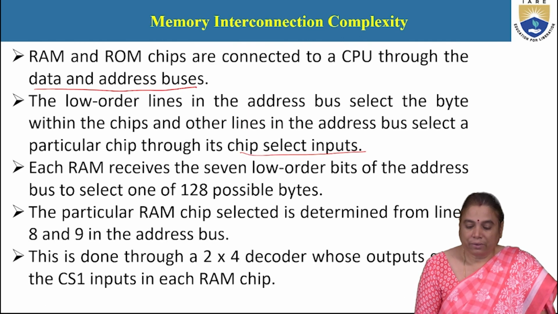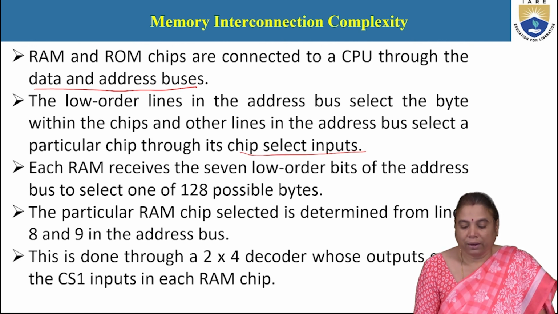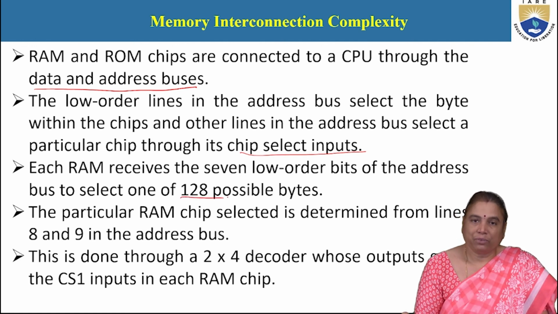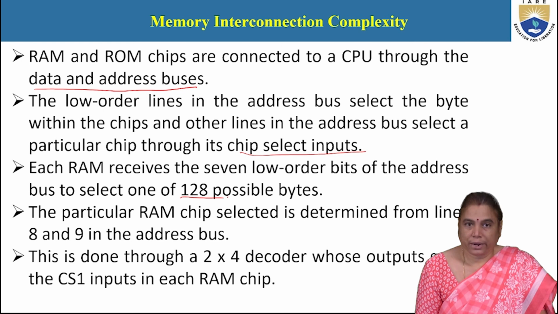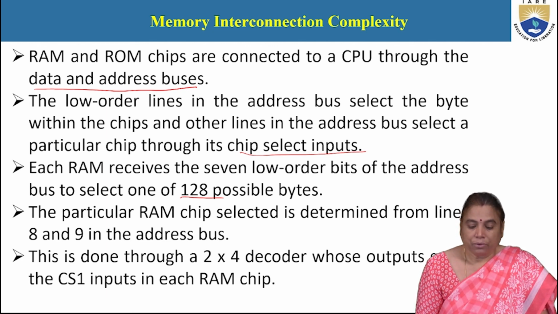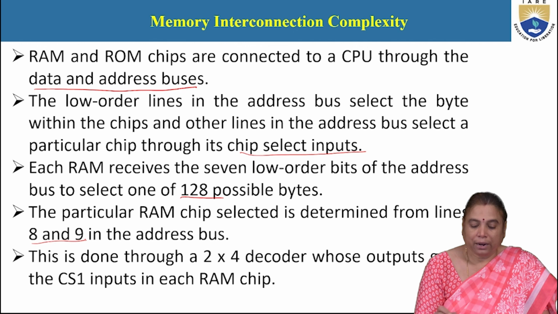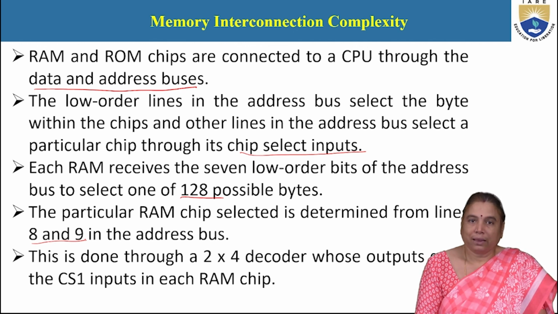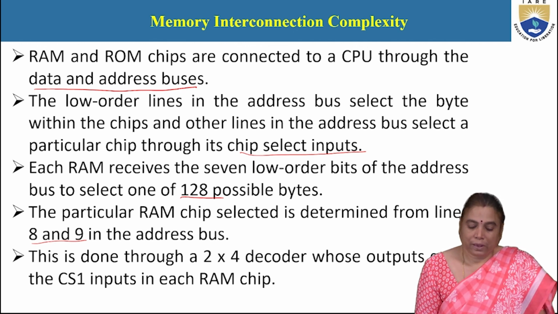Each RAM receives the 7 low order bits, address lines 1 to 7, which is why the address space is 2 power 7, 128. The particular RAM chip is determined from lines 8 and 9 in the address bus. These 8 and 9 address bus lines decide which RAM chip is selected.